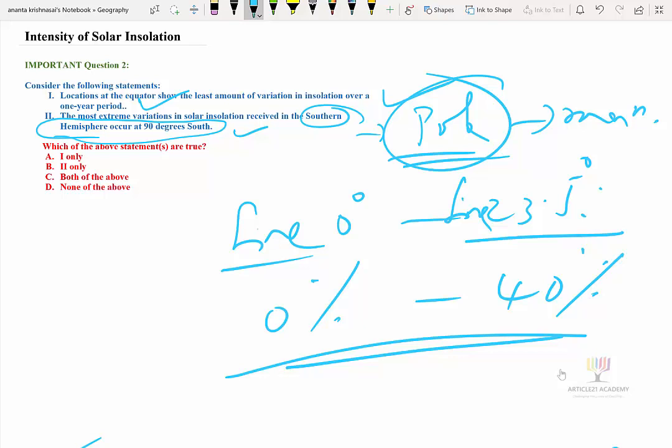So the annual variation in insolation for these locations is obtained, and hence these two statements are correct. Hence the answer must be C.